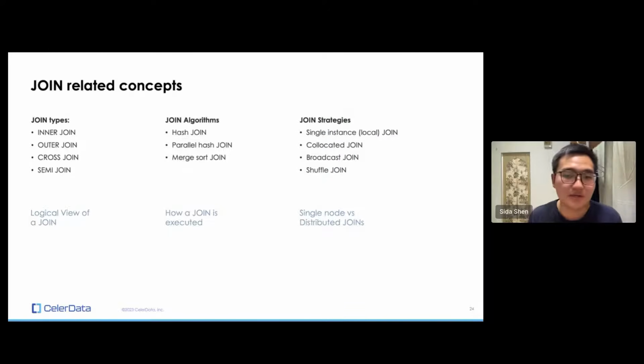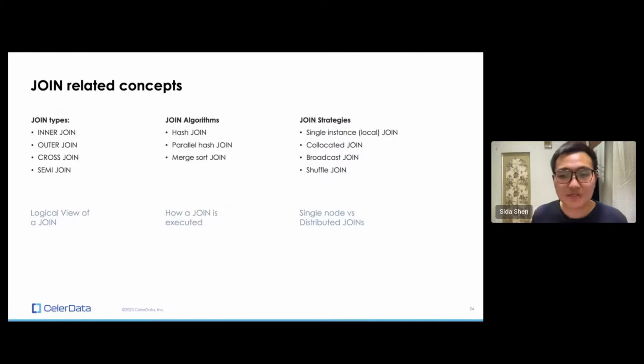And those are logical views of a join. Those are the SQL that the user writes that describe what they want, right? And then we have join algorithms, right? You've probably heard of those: hash join, parallel hash join, or merge sort join, and there are many more.